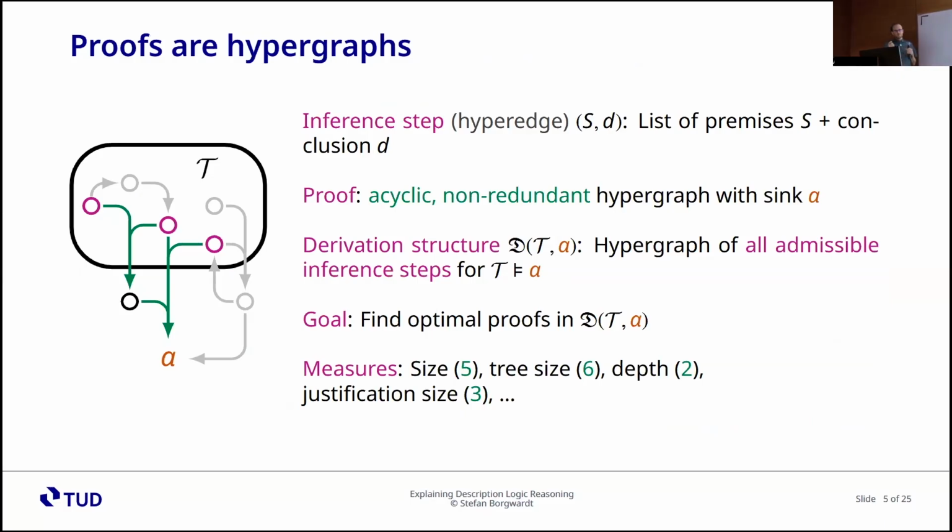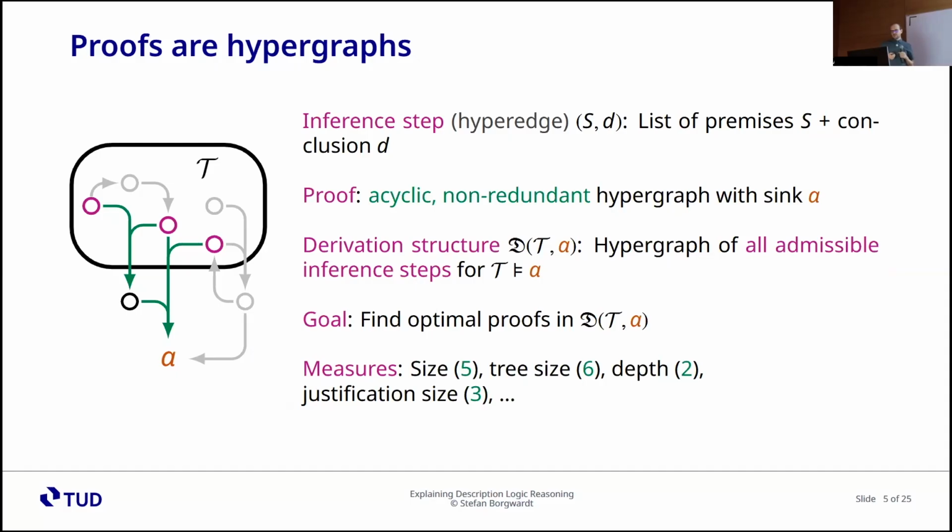So what is a proof? For us, a proof is a hypergraph. What kind of hypergraph? It's a specific directed hypergraph between the premises of an inference step that you can make. So here we have one inference step with 2 premises and 1 conclusion. There's always just 1 conclusion, and the direction is going to the conclusion.